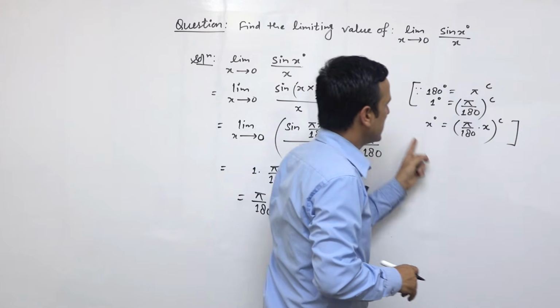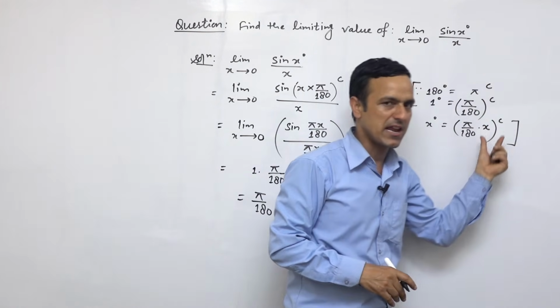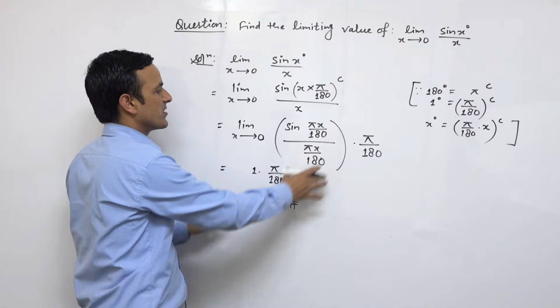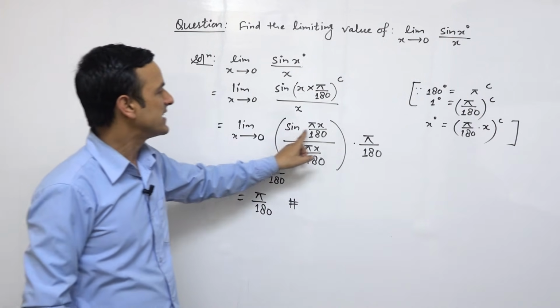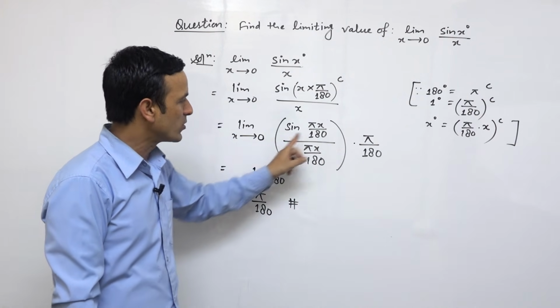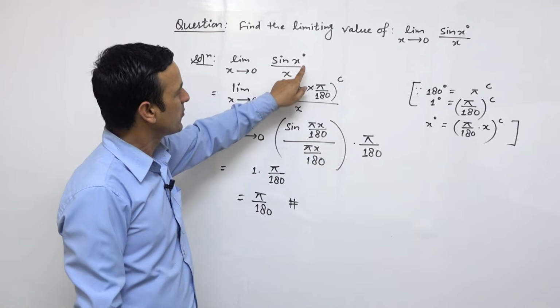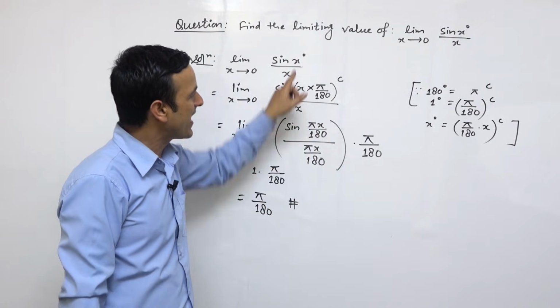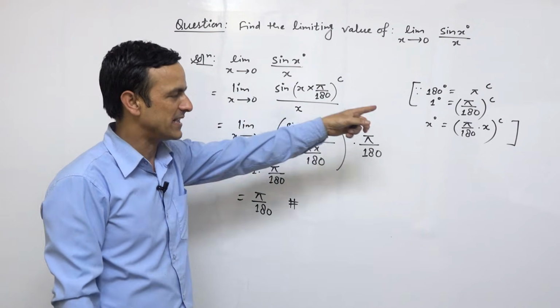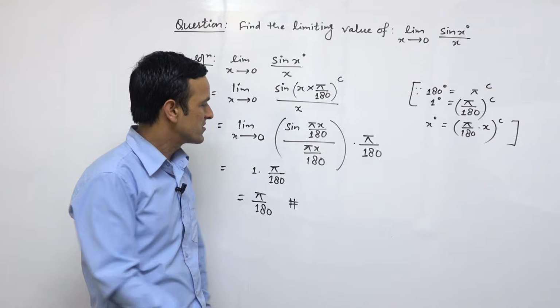In this way we can convert any degree into radian and solve. So here sin theta by theta means 1. For it to be 1, the angle must be in radian. So be careful. Convert this angle into radian by this. So this is a solution.